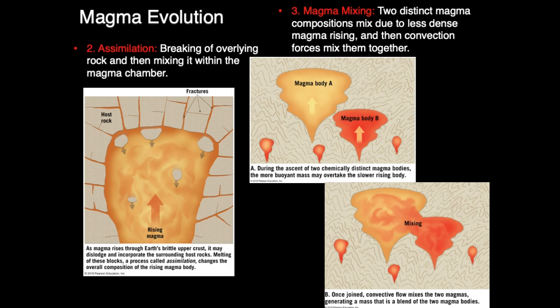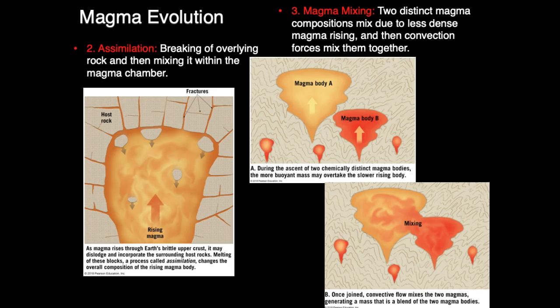There are two other ways in which we can get that magma differentiation throughout all of the igneous rocks. Both of these involve the incorporation of some sort of foreign material. For example, in near-surface environments where rocks are more brittle, meaning more easily broken, the magma that is pushing upwards can cause the overlying rock to fracture into numerous pieces.